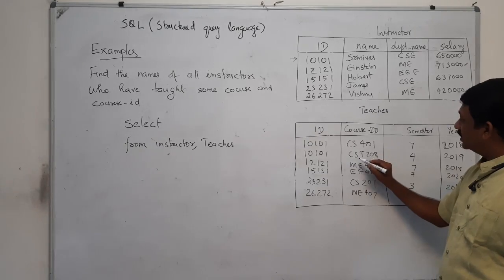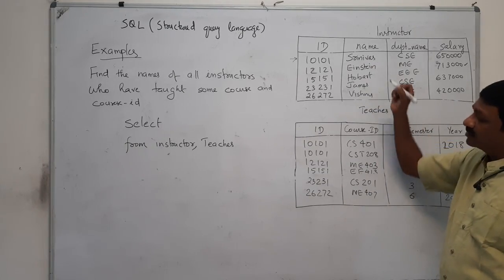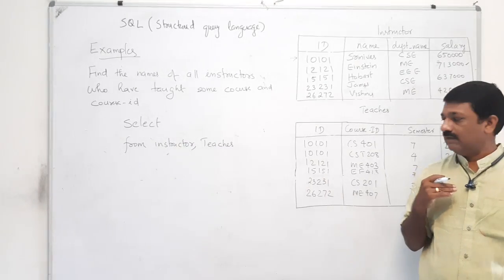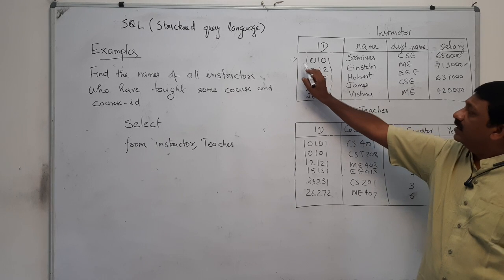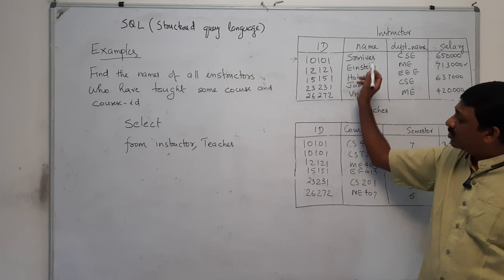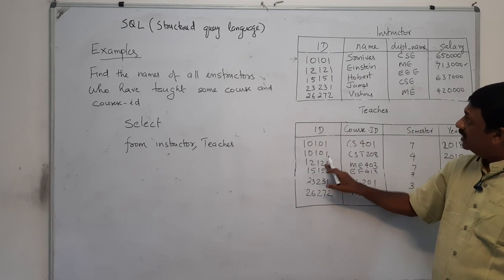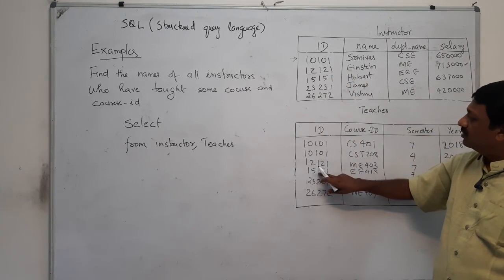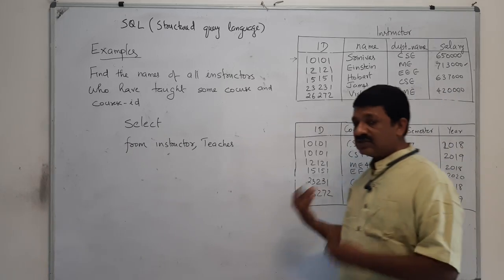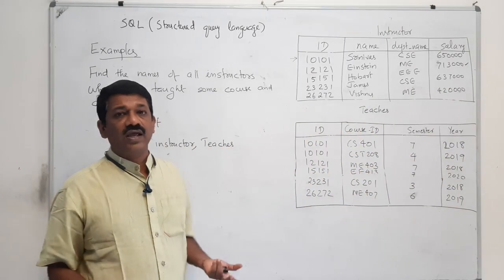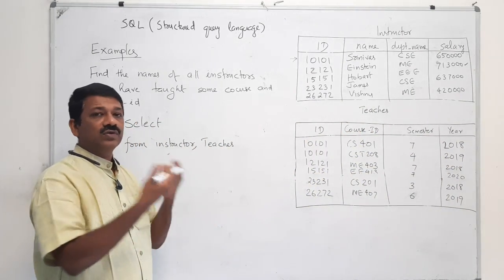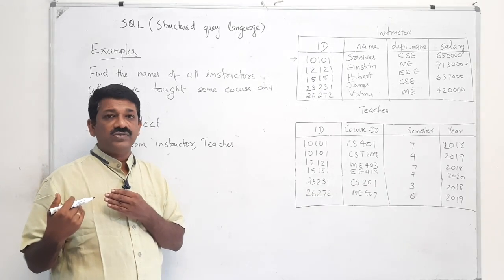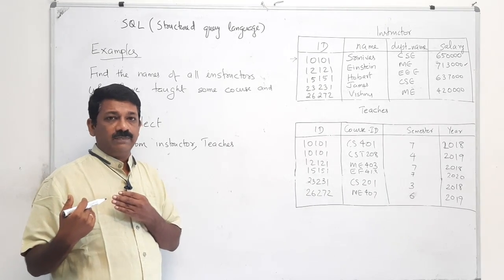So in that case, CS208 and Srinivas, both of them can be retrieved. But when you are multiplying this row with this one, this ID and this ID are different, so there is no significance for that. That means teachers.id and instructor.id should be the same if you want to retrieve the name and course ID of that tuple.